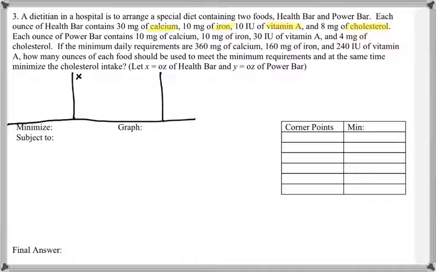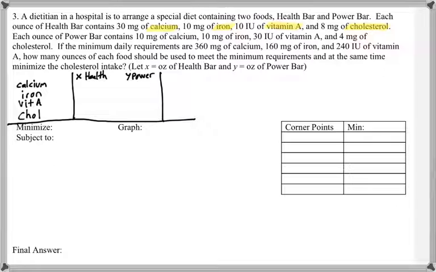So X is Health Bar, and Y is Power Bar. And we have calcium, iron, vitamin A, and cholesterol.